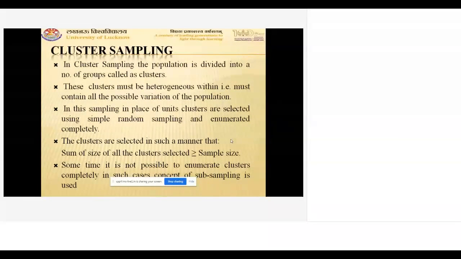From these villages we go to the next stage, households, and from a household we can select individuals. In one house there may be a number of individuals from which we can select one or two. So that is called multi-stage sampling, which is a further improvement over cluster sampling.